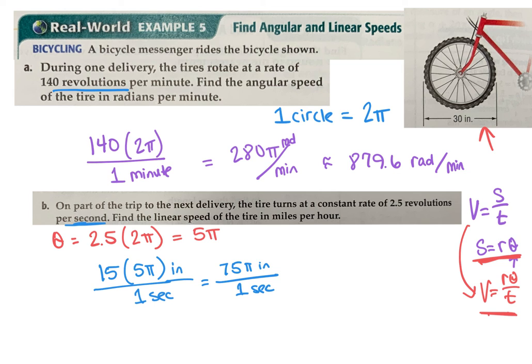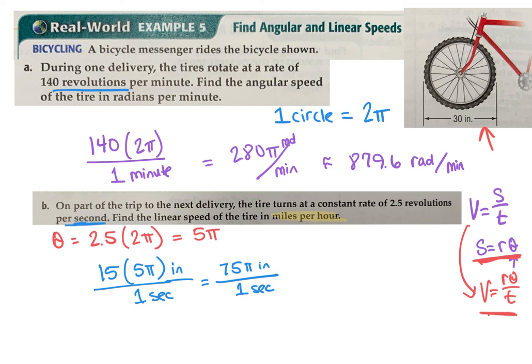The biggest problem here is they specifically told me miles per hour. I need it in miles per hour, not inches per second. So we just do conversions. Conversions are always the thorn in our side when it comes to problems like this.